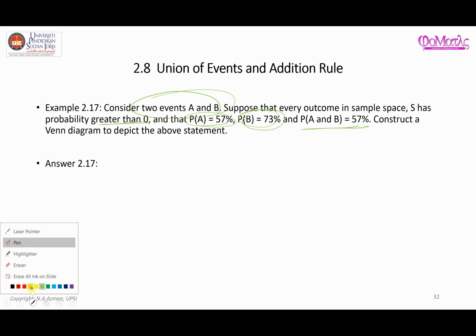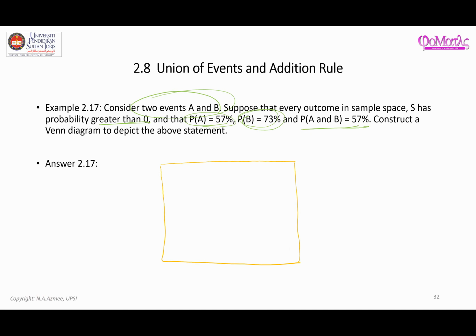Okay, let's assume you have done just that. Now, this is how the Venn diagram is going to look like. So first, this is the sample space. And you can see clearly that probability of B is bigger than probability of A, 73%. This one is 57%. And the intersection of A and B is 57%, which is equal to this probability here, probability A. Therefore, you can imagine that set B is going to be looking like this.